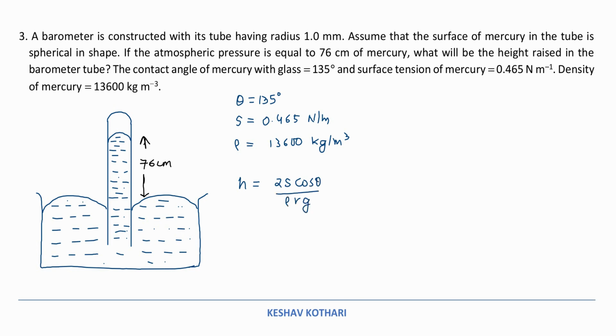Without this aspect, the height of mercury column must be 76 centimeter, but because of the dip, which we are calculating by using the working formula 2S cos theta upon rho r g, we can put the value: 2S is 0.465, cos of 135 degree, upon rho r g, that is 13600 into radius, which is 1 millimeter, we write it as 1 by 1000, into g, that is 9.8.